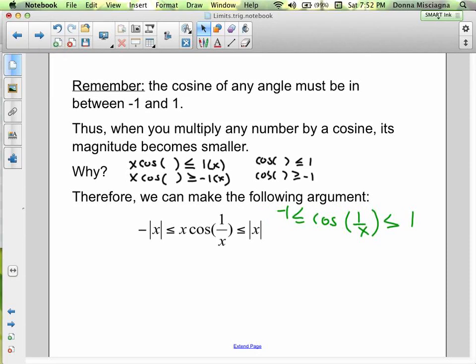So if we have something multiplied by cosine, it has to be greater than or equal to the negative of that same thing we're multiplying by. So here, all of this has to be greater than or equal to -x, right? It's only going to be equal to -x when my cosine blob here is equal to -1.